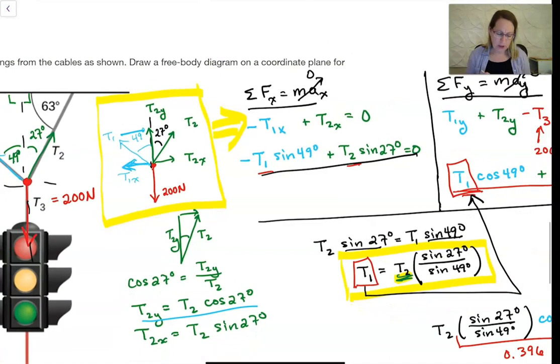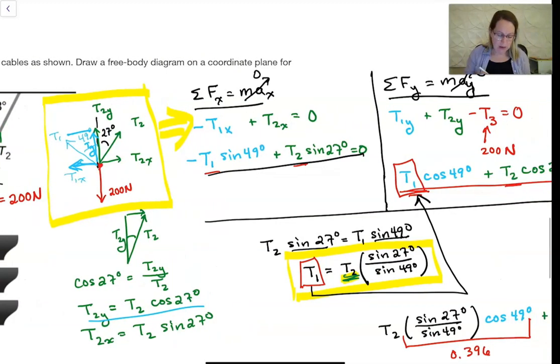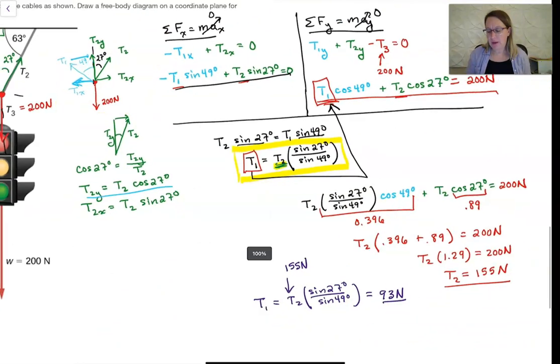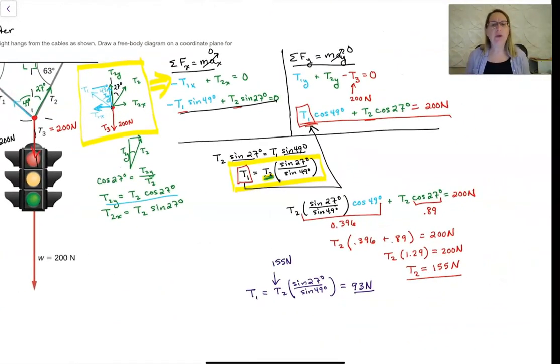The y equation had T2y and then, of course, T1y, and then minus our T3, which was this right here. And using that, we could then use some trig, using SOHCAHTOA, and then some algebra to solve this problem.